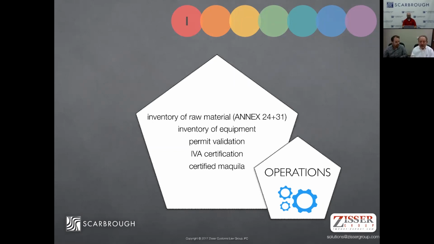It gives you a lot of great benefits in that program. So certified maquila is kind of getting replaced a bit by the OEA program. That's where most maquilas are going. And EVA certification is kind of separate from that. But you certainly want to have that to the highest tier. There are actually 3 tiers of EVA certification. You want to be up in that 3rd tier, the highest one, because you get the most benefits out of that program.